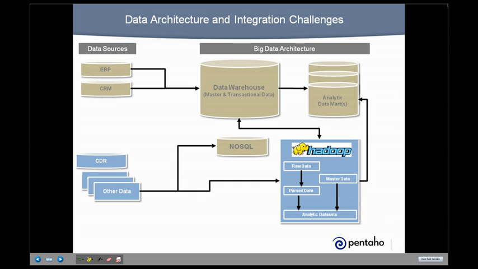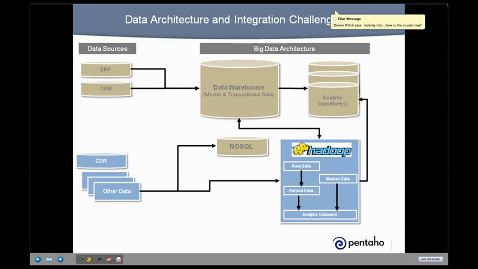All right, so if you were part of our previous webinar series, we've shown this architectural slide a couple of times. It shows the big data architecture. Now you have your traditional data sources, ERP and CRM systems, on the one hand, that probably flow into a data warehouse, from which you may distill some analytical data marts.